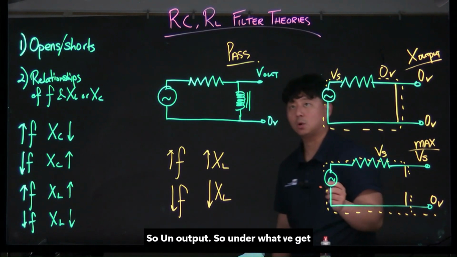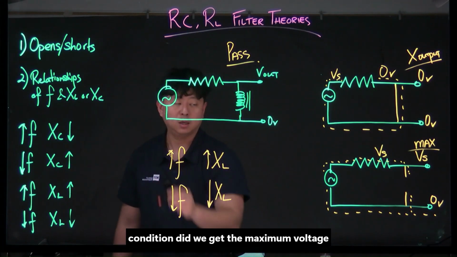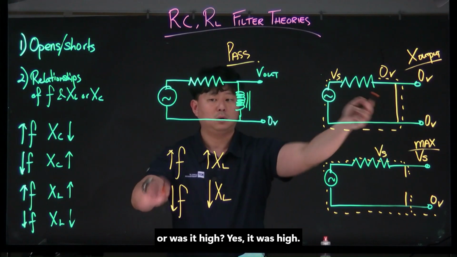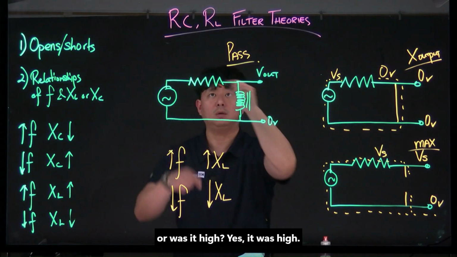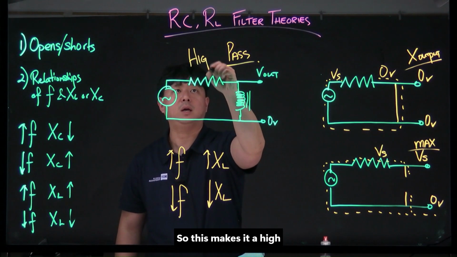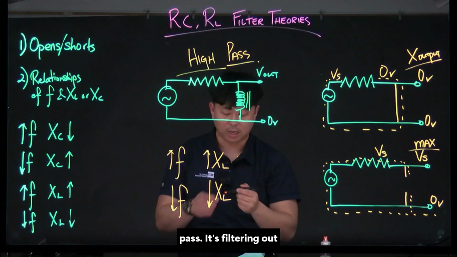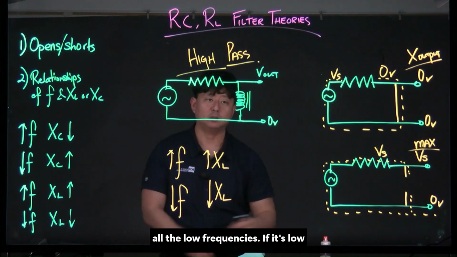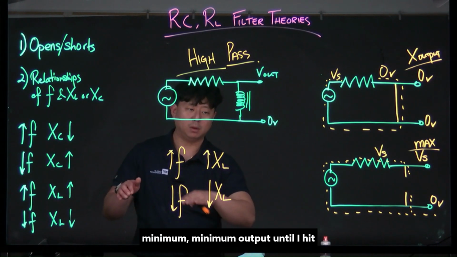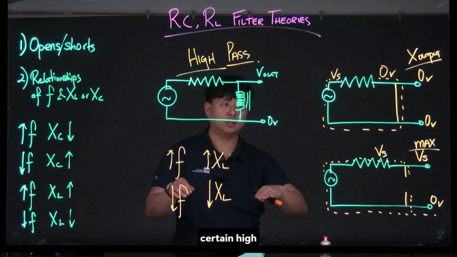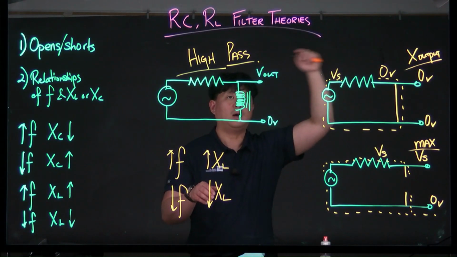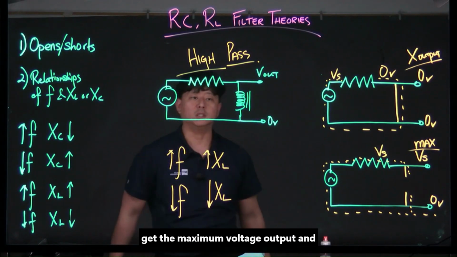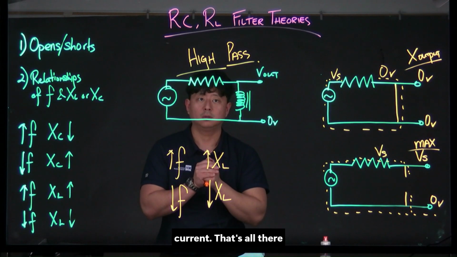output. So under what condition did we get the maximum voltage output? Was it low or was it high? Yes, it was high. So this makes it a high pass. It's filtering out all the low frequencies. If it's low frequencies, I get minimum, minimum, minimum, minimum output until I hit a certain high frequency, it goes up and I get the maximum voltage output and current.